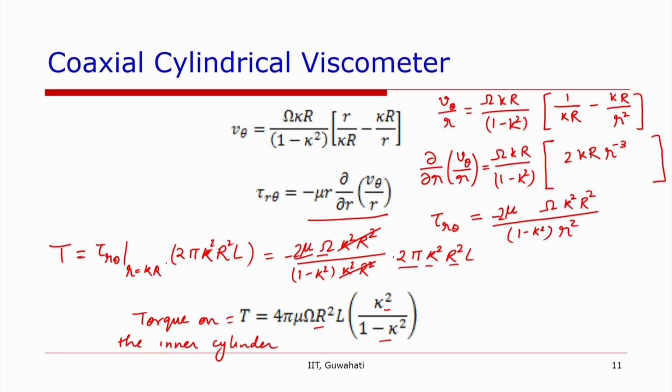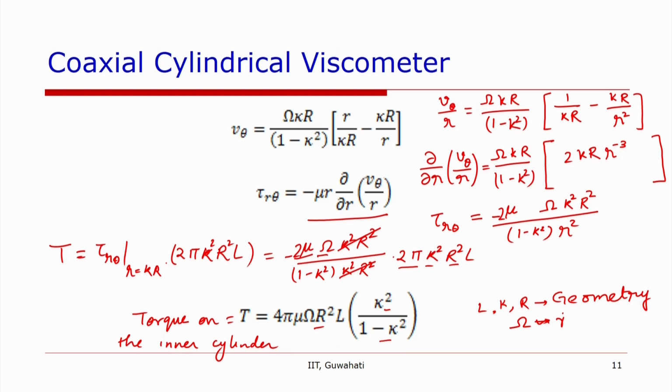Now if you see, kappa and r are from the geometry of the cylindrical arrangement. Omega is the velocity which imparts the shear rate, which is proportional to the shear rate, and L is the length of the cylinder. So again this is also a geometrical parameter.